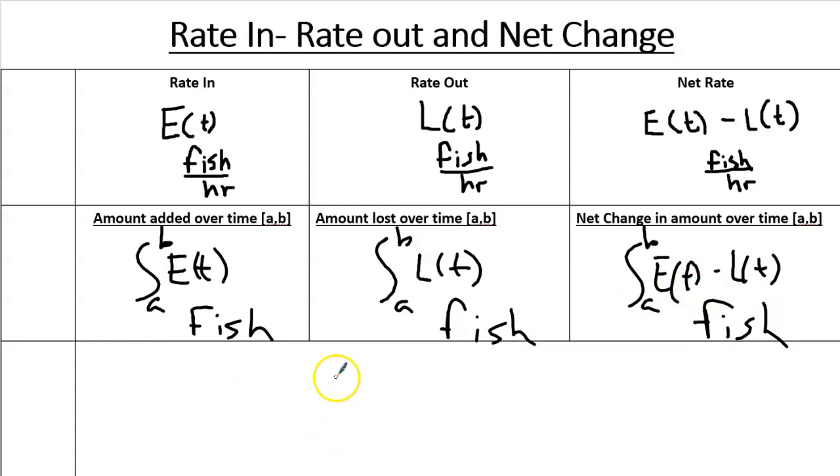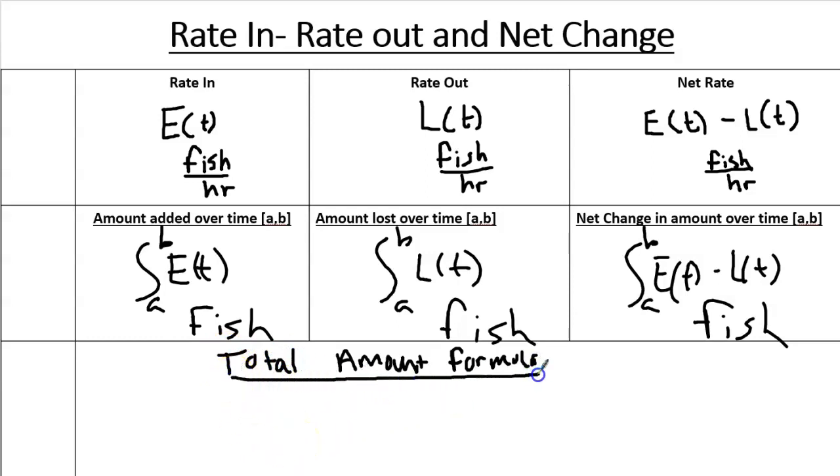Now we have one more thing, which is the number of fish formula, we'll call it. Or we'll call it the amount formula, just to be more general. We'll call it the total amount formula. Okay.